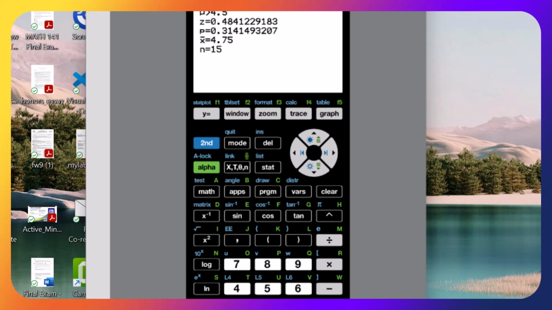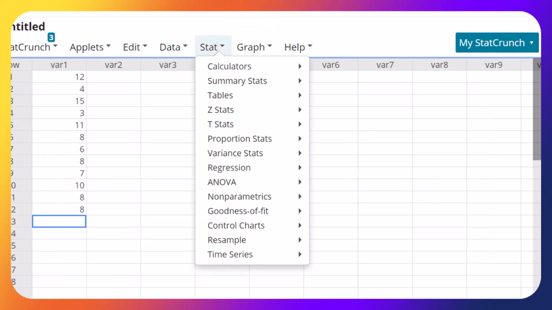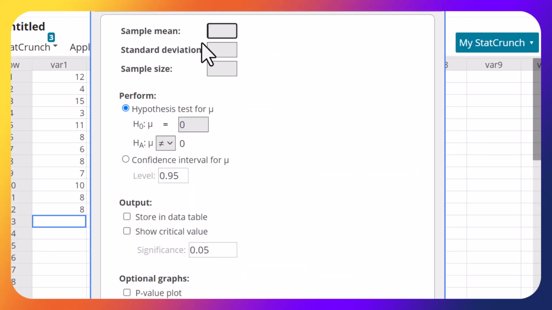Using StatCrunch, guys, let me close this one. You go to stat, and not t-stat, z-stat, one sample with summary. Sample mean is 4.75. Population standard deviation is 2. Sample size is 15.